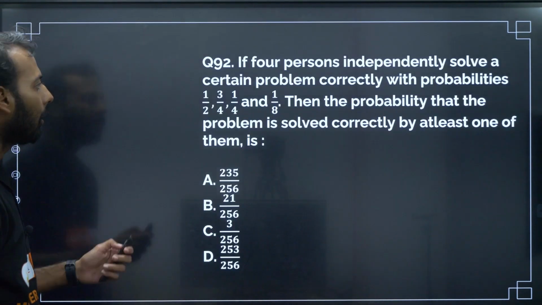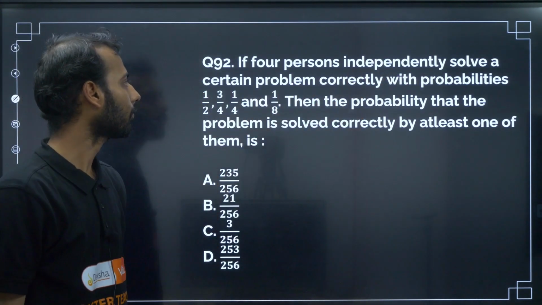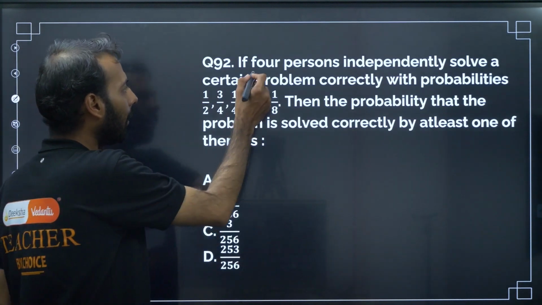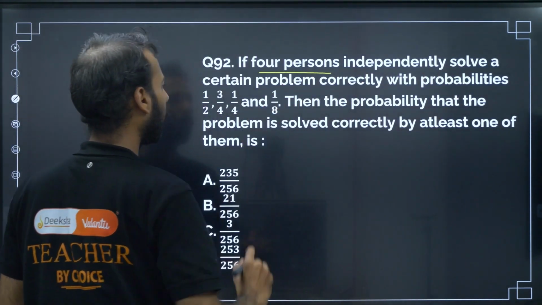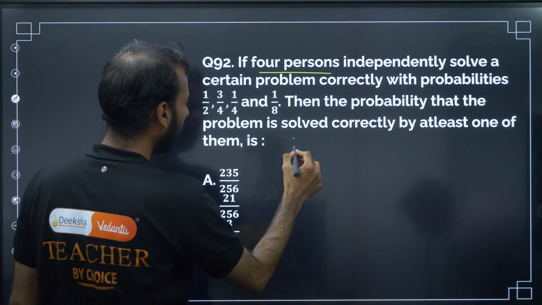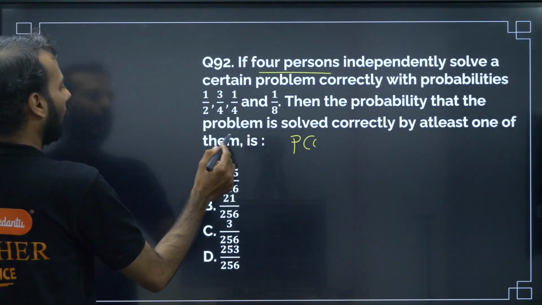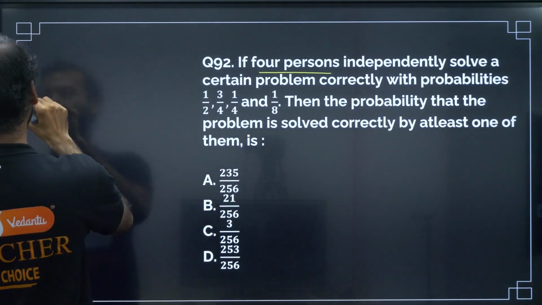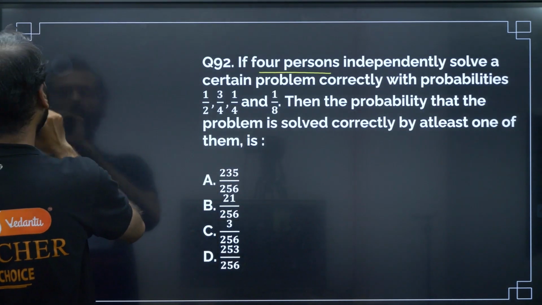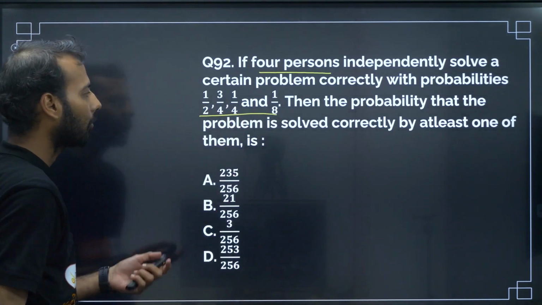Moving to the next question. 4 persons are independently solving a certain problem correctly with probabilities, some probabilities they have given as 1 by 4, 1 by 2, 3 by 4, some values they have given. 4 people are solving the problem.